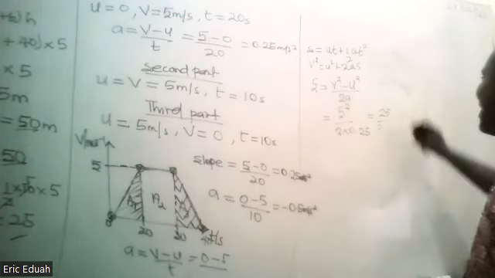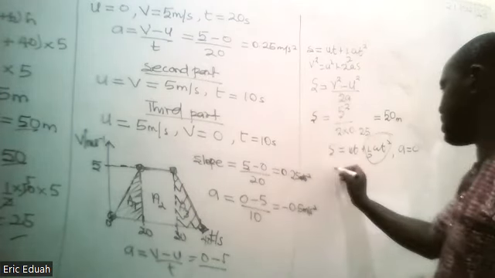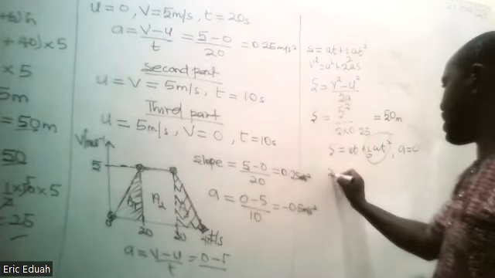Then the second part of motion: u is equal to v, and they are both 5 meters per second, and the time is that. So if I'm using s equals ut plus half at squared, because acceleration is 0, then all this part goes to 0. Constant velocity. So s is equal to u, which is 5, times t, 10.